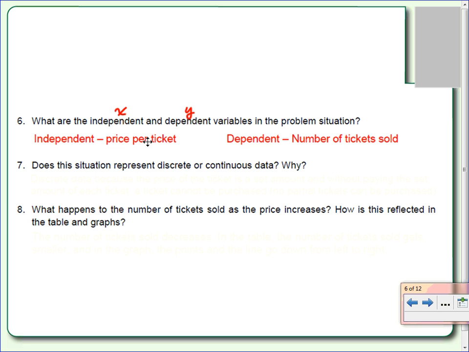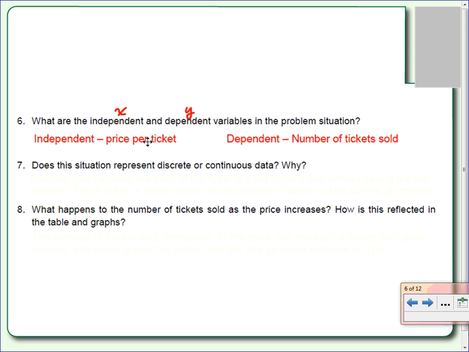How many tickets we sell is going to depend on the price of the ticket, right? Because if it's too expensive, are you going to get a lot of people to go to the concert? No. If they're very cheap tickets, you're going to get a lot of people showing up. So the number of tickets sold is going to depend on the price of the tickets.